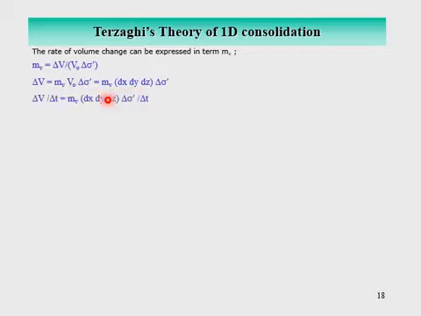Now if we divide this equation by delta t on both sides, we have delta V over delta t here and delta sigma prime divided by delta t, because effective stress is a function of time. If we assume that delta t is very small, approaching 0, then it will become dV by dt, and delta sigma prime over delta t will become curly sigma prime over curly t.